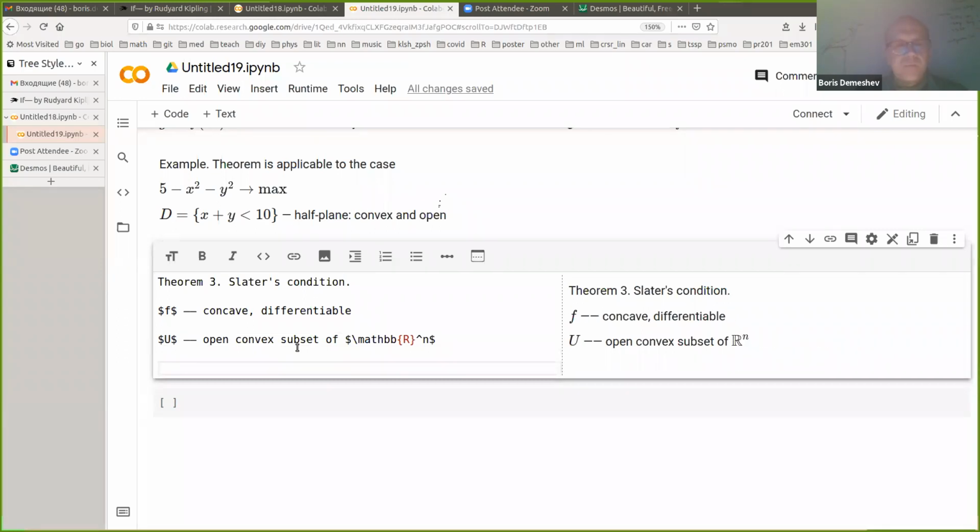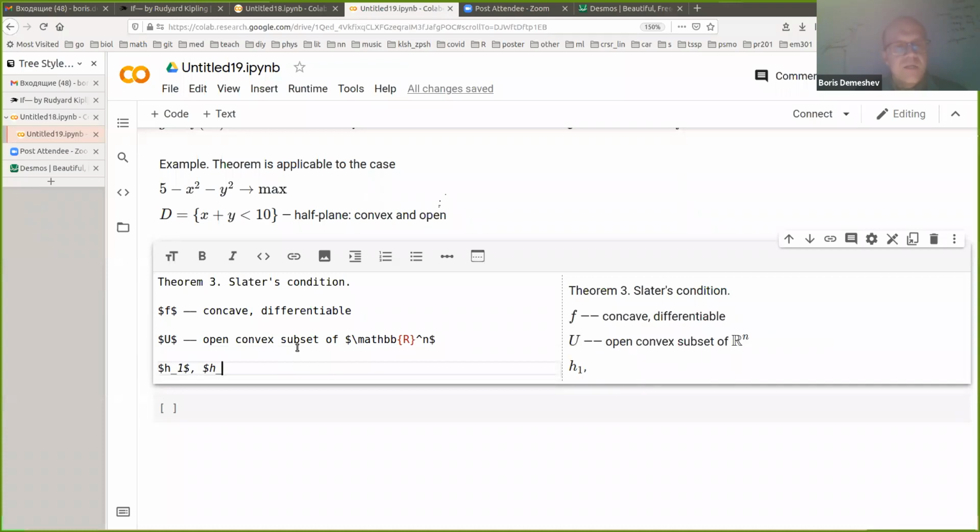I will have inequality constraints h1, h2, and so on up to, let's say, l. These will be constraint functions, and they should also be concave.